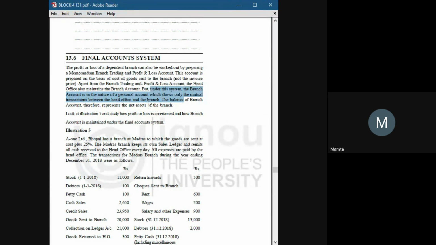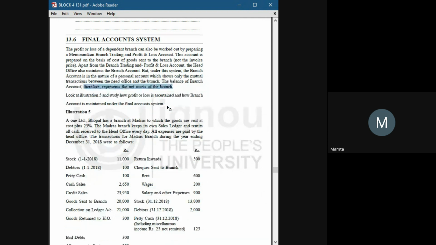It shows only the mutual transactions between the head office and the branch. The balance of the branch account therefore represents the net asset of the branch.